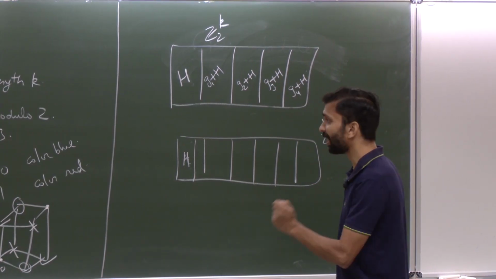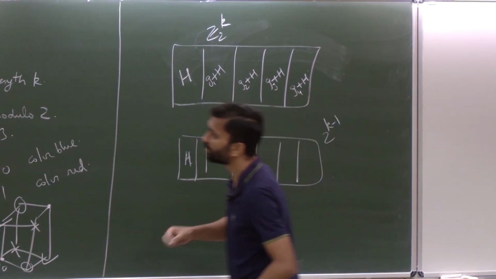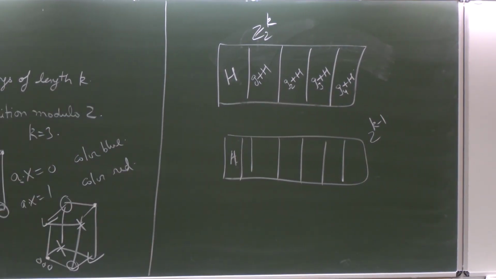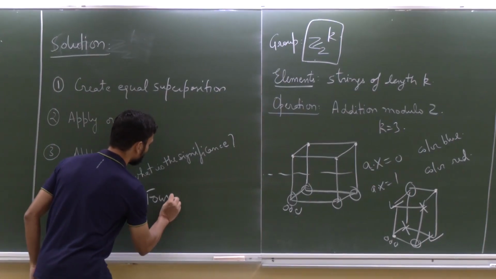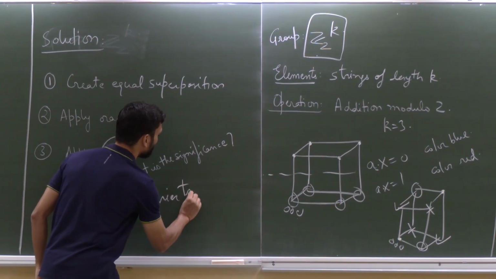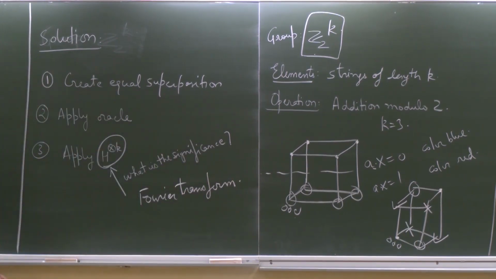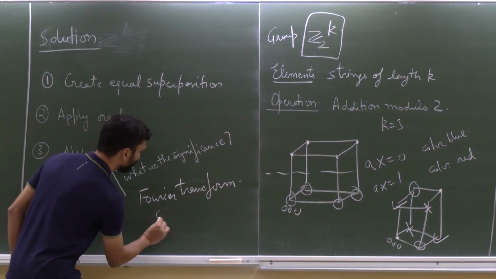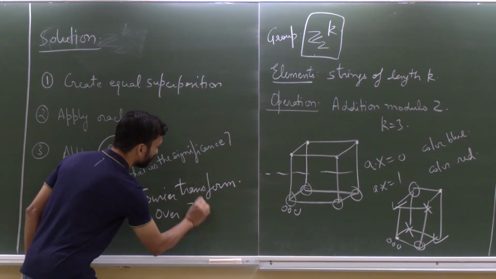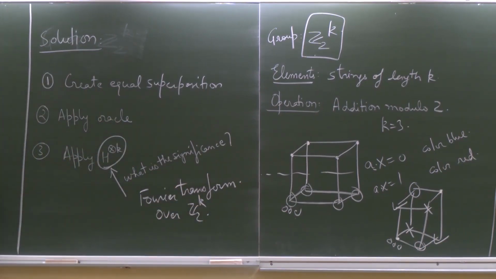And the reason why we can find this subgroup is because this is a Fourier transform over Z to the power k.